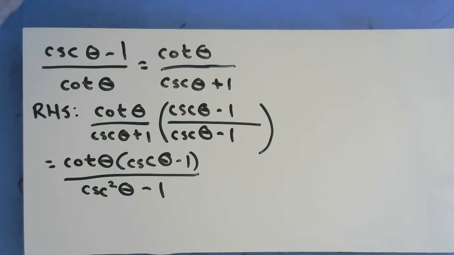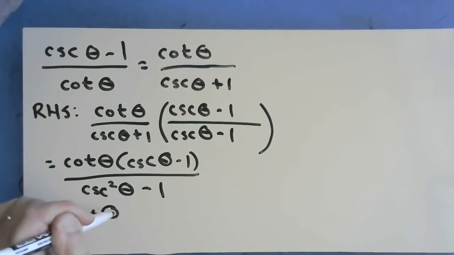Now you might wonder why there's an advantage to this, but if you remember one of the versions of the Pythagorean identity, we know that cosecant squared theta minus 1 is cotangent squared theta.